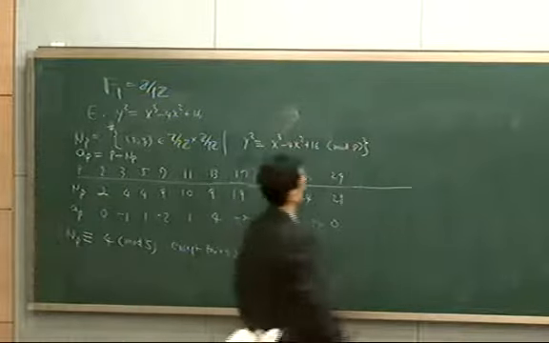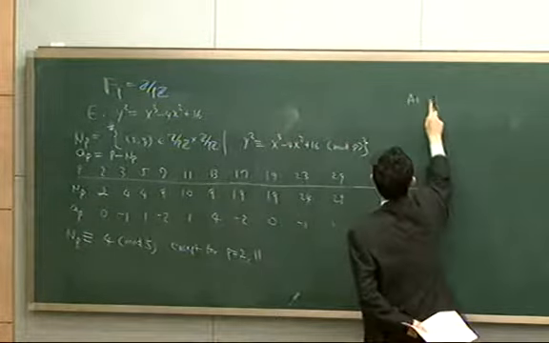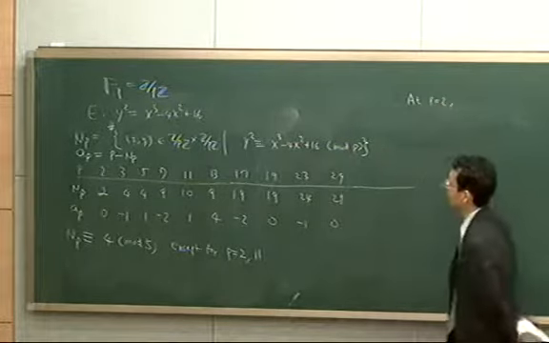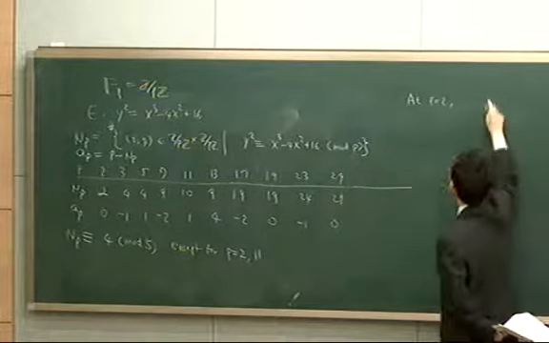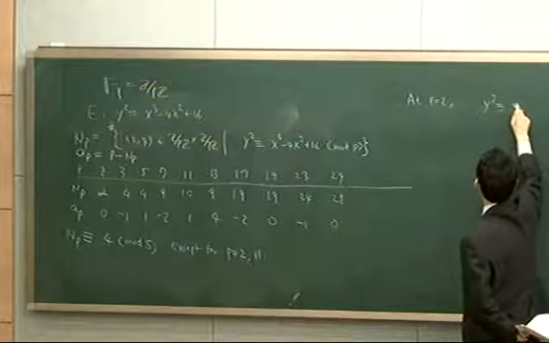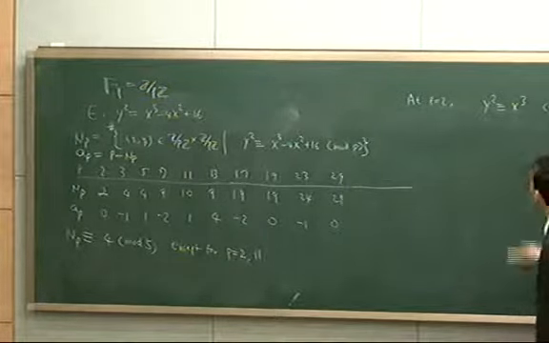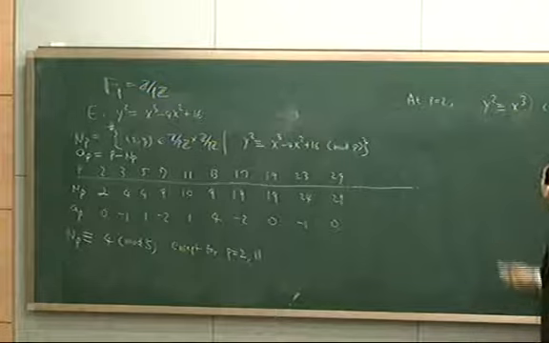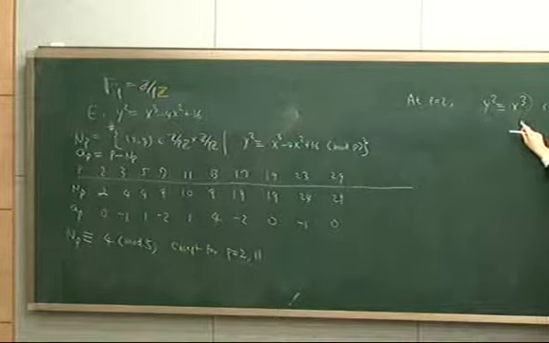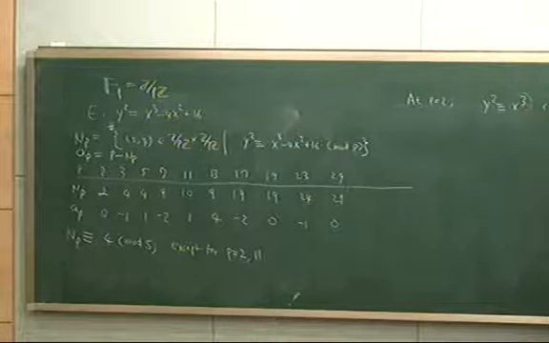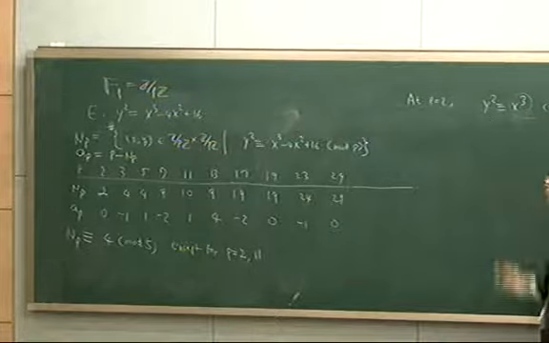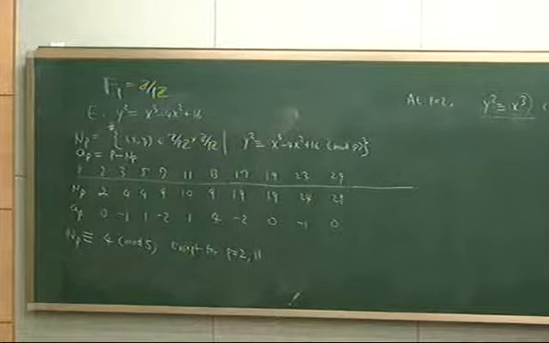At p equal to 2, if we reduce the equation modulo 2, then we have y squared equal x cubed mod 2. So the equation has a triple root at x equals 0 and y equals 0. So this does not define a smooth algebraic curve, so it is not an elliptic curve.